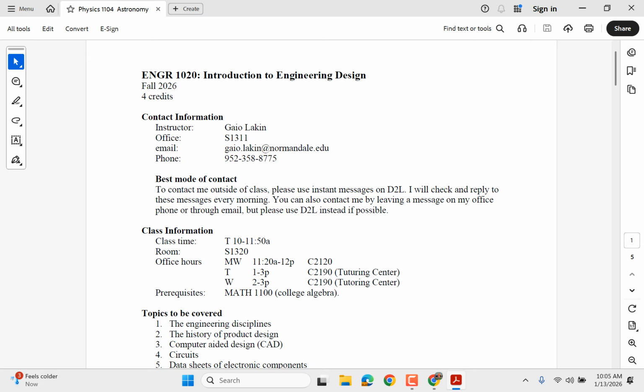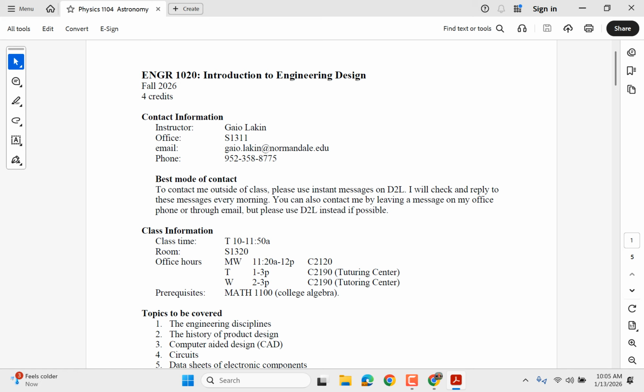So here's the class. It's a 4-credit class, which it's always pretty hard to figure out exactly the right amount of work to assign.